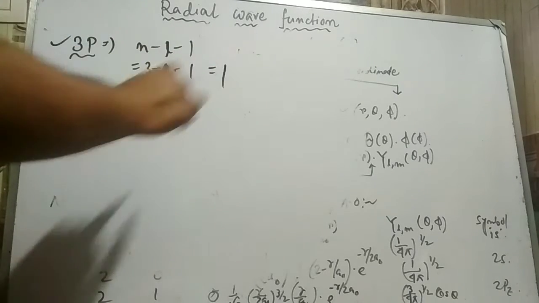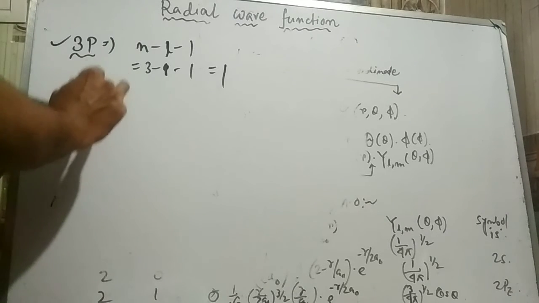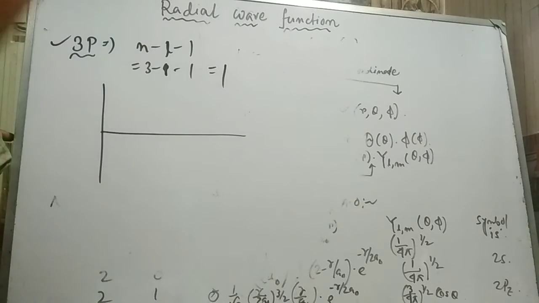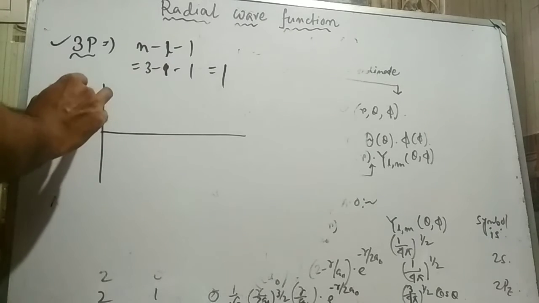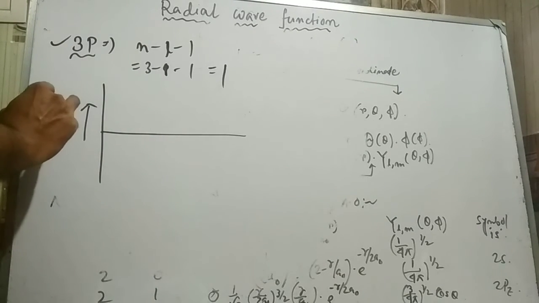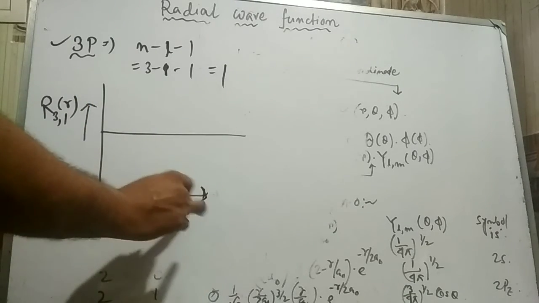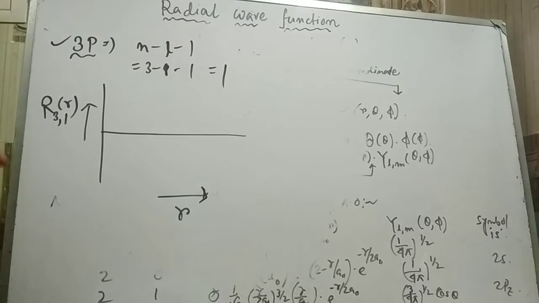So the number of nodes is 1 for the 3p orbital. Here n is 3 and l is 1, this axis is the distance r and this is the radial wave function.